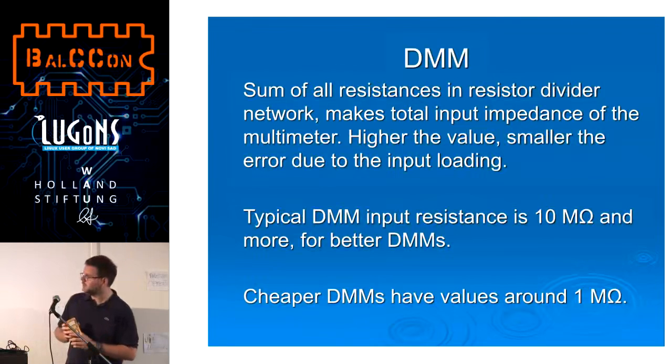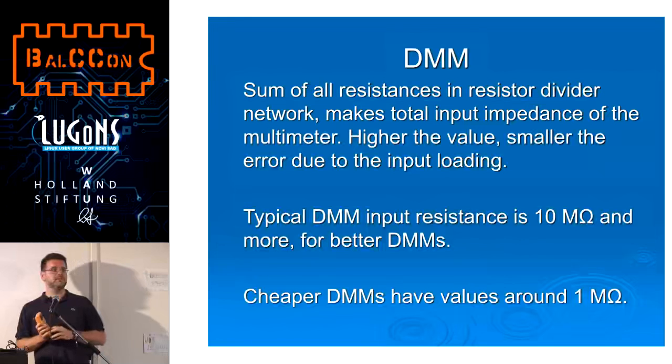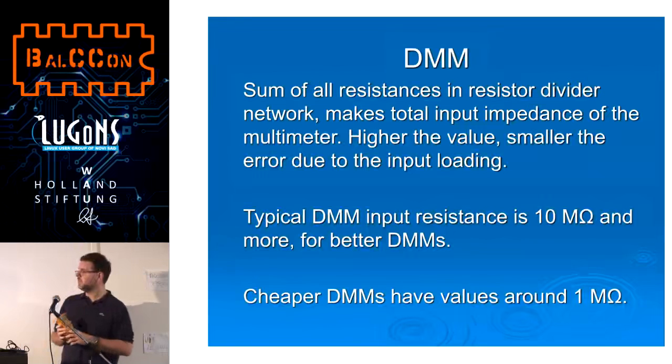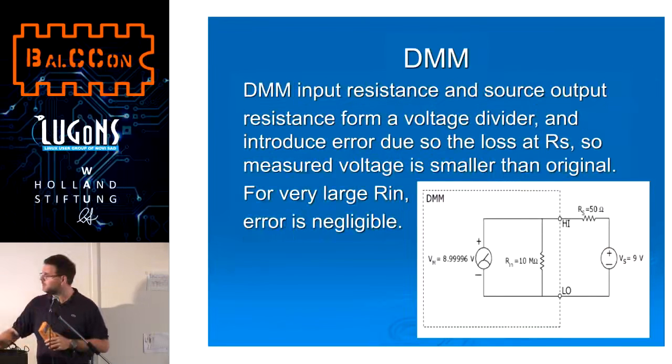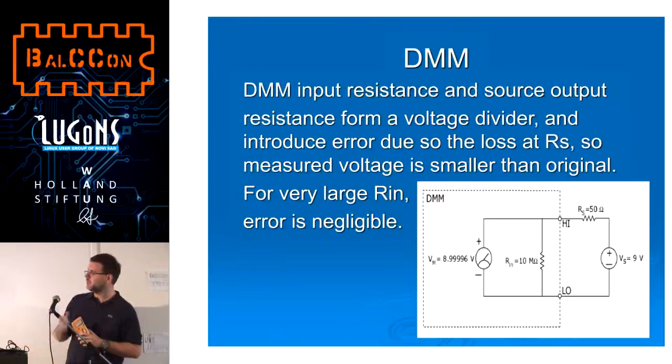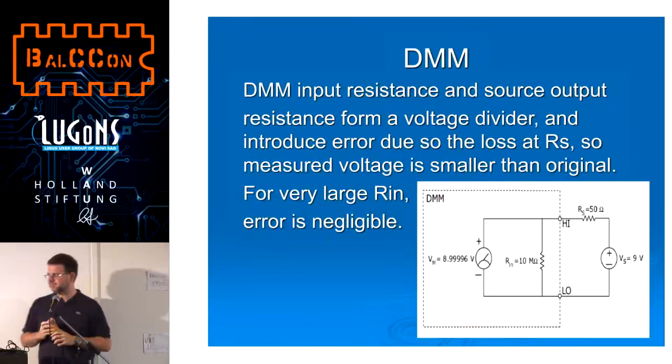This one has 10 megaohm input resistance. That's what is seen by a source that you are measuring. Cheaper multimeters have lower resistance, and it can affect your measurement. Here's how. You get a voltage divider.